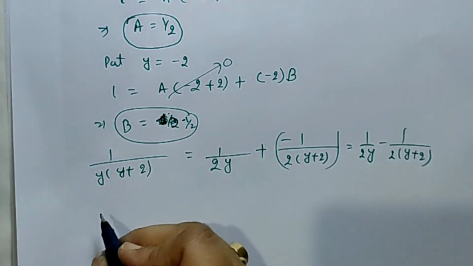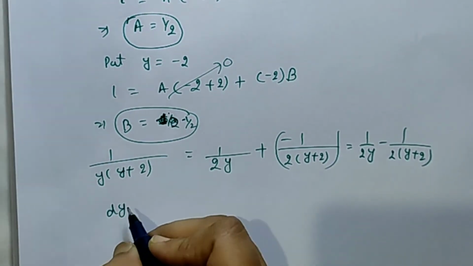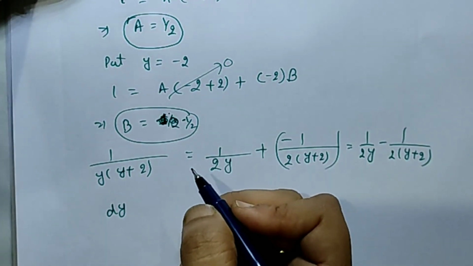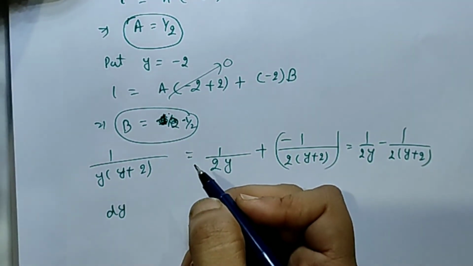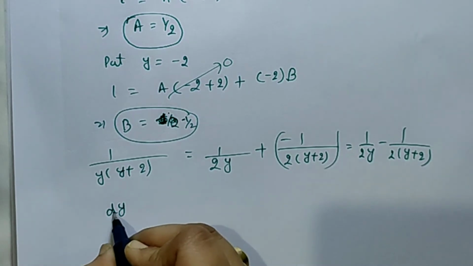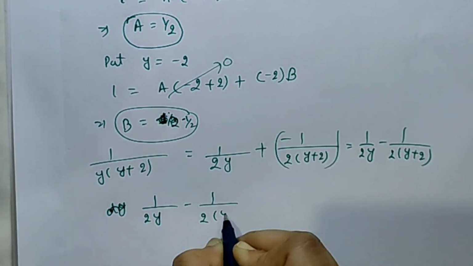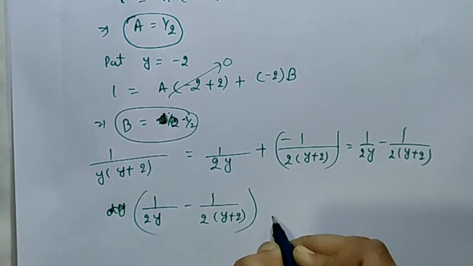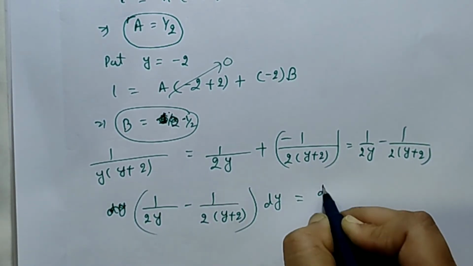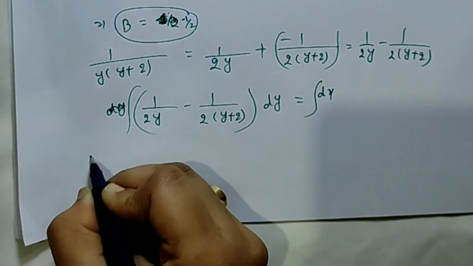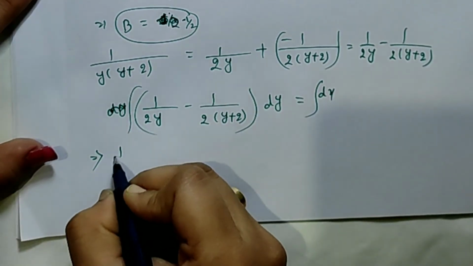Now dy, this is 1 by y into y plus 2. In place of 1 by y into y plus 2, we can put 1 by 2y minus 1 by 2 into y plus 2, into dy is equal to dx integration, which implies that 1 by 2 is constant.